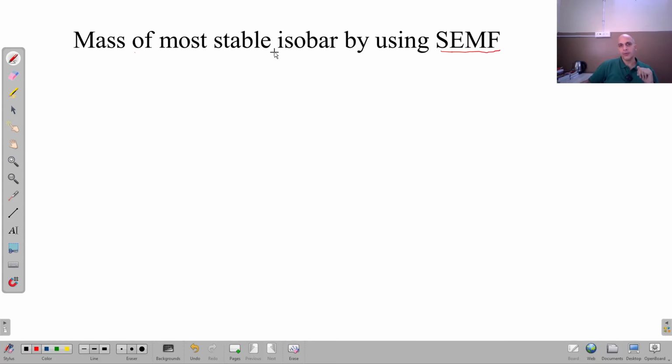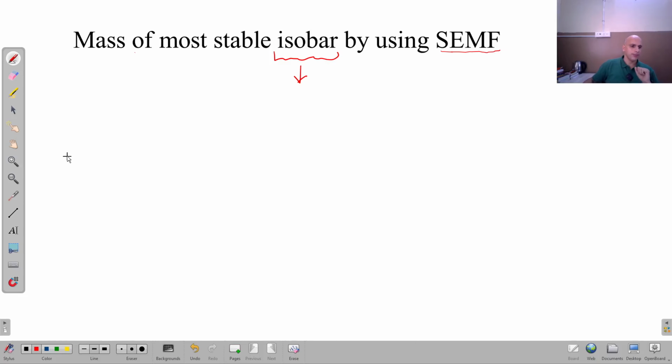First of all, we have to understand what isobars are. We know very well that isobars are those nuclei which have the same mass number, but they have either a different number of protons or a different number of neutrons, but their mass number is the same.